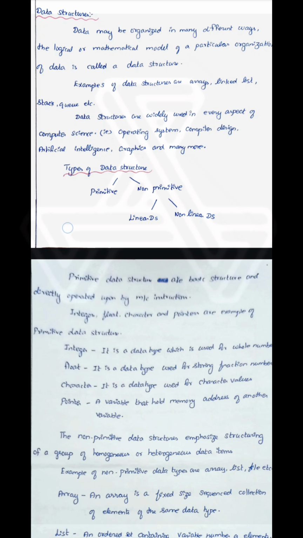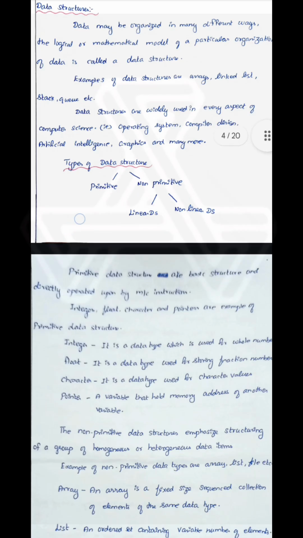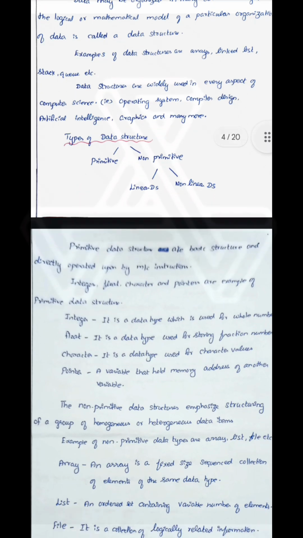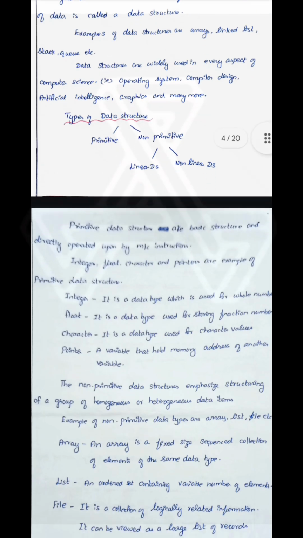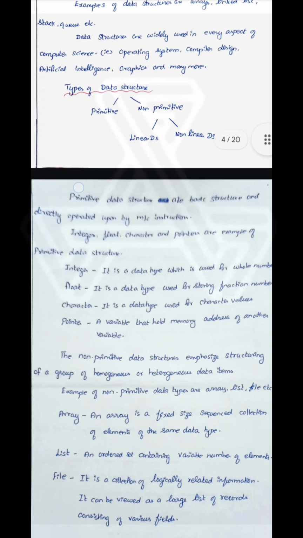Note this point, guys. Examples of data structures are arrays, linked lists, stacks, queues, etc. Data structures are widely used in every aspect of computer science: operating systems, compiler design, artificial intelligence, graphics, and many more.